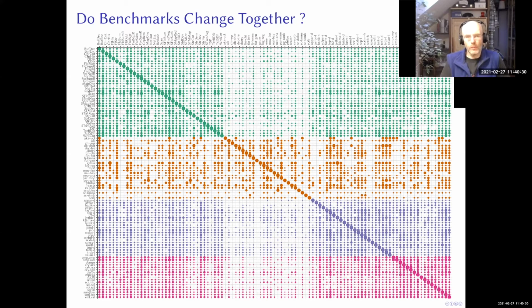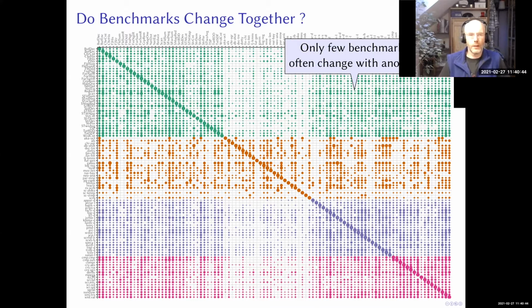So a large dot like the ones in the middle mean that those benchmarks always change together. And from just eyeballing the table, my impression is that there are really only few benchmarks that really often change with another. That's a sort of a row of fat dots that you would see.